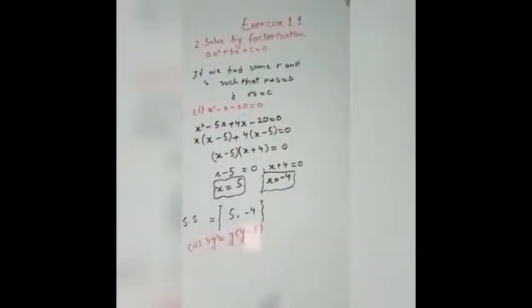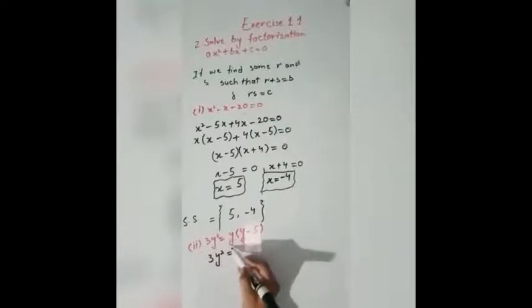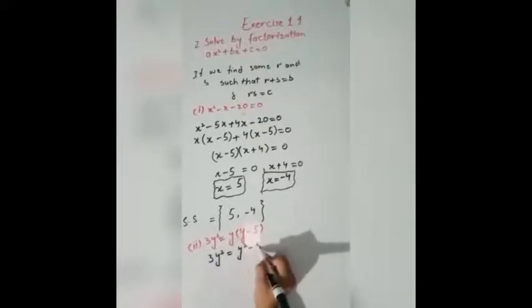Next part is 3y square is equal to y into y minus 5. First we have to convert into standard form. So how can we convert? 3y square is equal to, we have to multiply this y with these two terms, y square minus 5y.